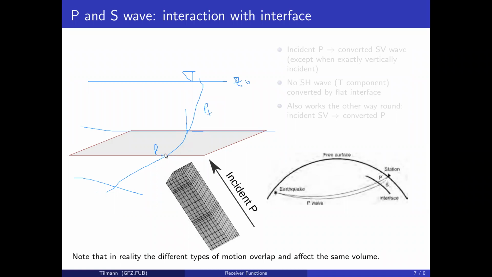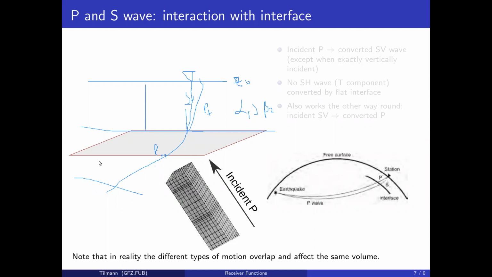So now the P is coming from below, and then there will be an SV that is also generated. Now, because this layer will have a P wave velocity that is greater than the S wave velocity, this P will arrive earlier than this S. So we can use the time difference between the arrival of the P and the S to constrain the thickness of this layer.